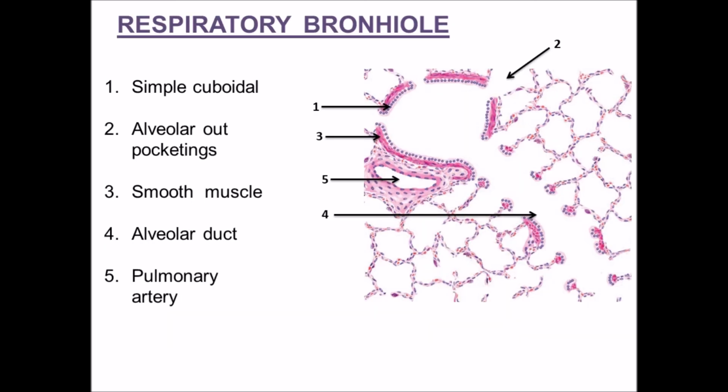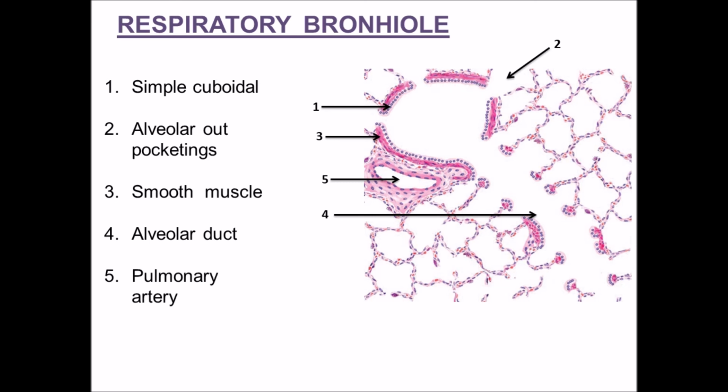Next is respiratory bronchiole. Lining epithelium of the respiratory bronchiole is simple cuboidal, which is interrupted because of outpocketings for the alveoli. Smooth muscle lies just underneath the lining epithelium.